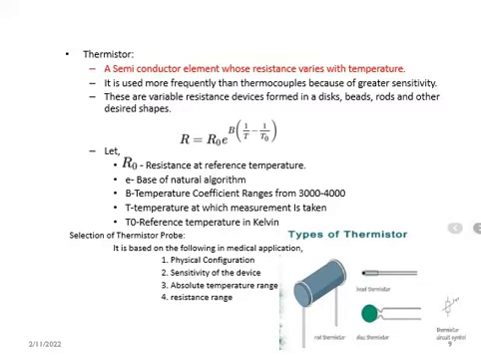Then resistance range and absolute temperature. Absolute temperature is the temperature at which the system remains, and the resistance ranges from 0.1 ohm to a maximum of 1 mega ohm. In some cases it may go beyond or below that value. So this is a range we are going to identify.